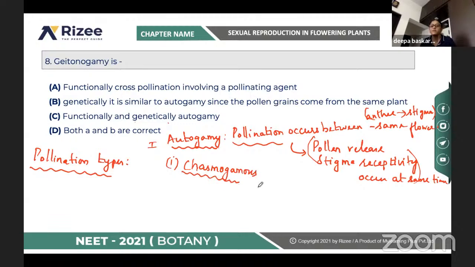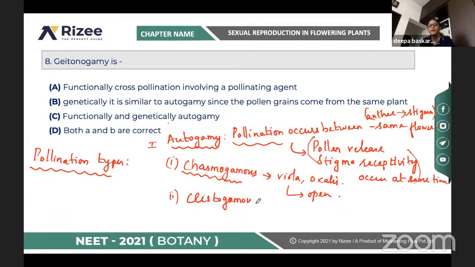Clear? Chasmogamous. What do you mean by chasmogamous? For example, it happens in viola and oxalis. So here the flower is open. Okay, we can see anther and stigma here. But the second type in autogamy is cleistogamous.